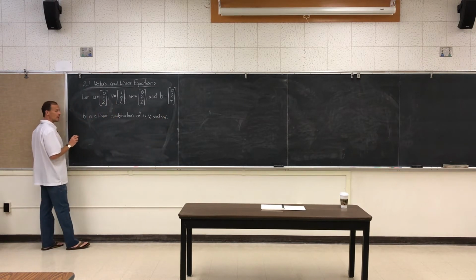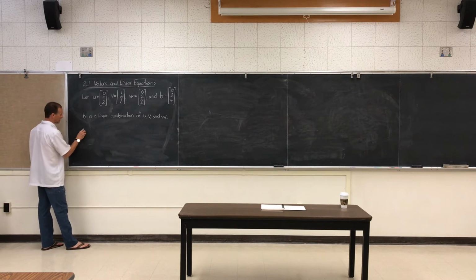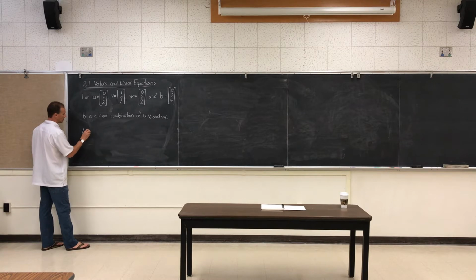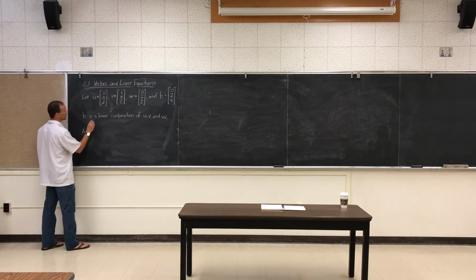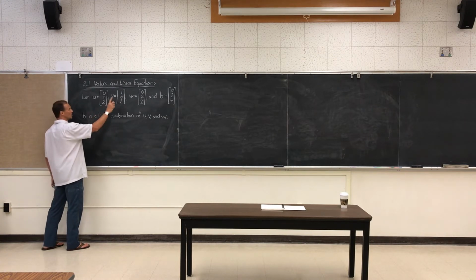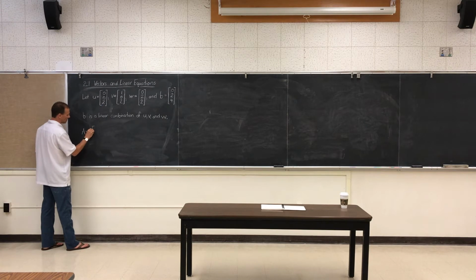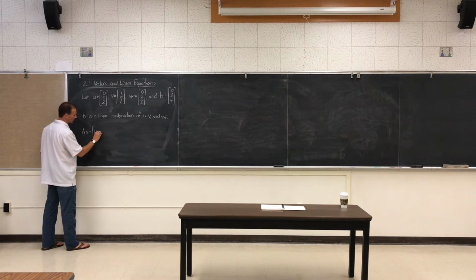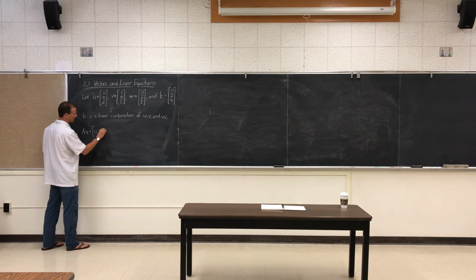This gives the matrix equation AX equals B, which we'll write in a moment, because the columns of A are the vectors U, V, W. Just for clarity, U is the first column, V is the second, W will be our third column, times the vector x.